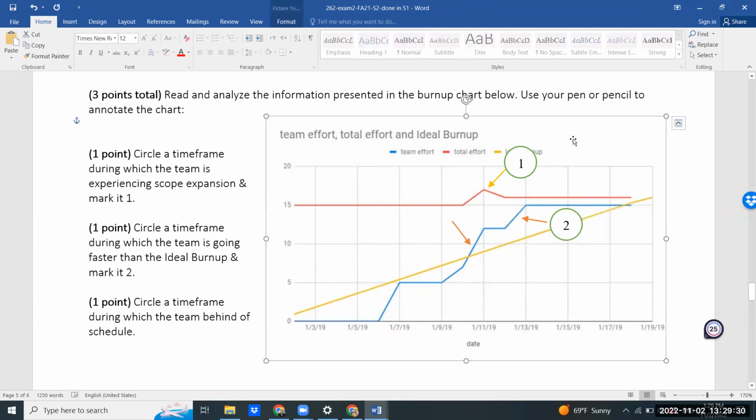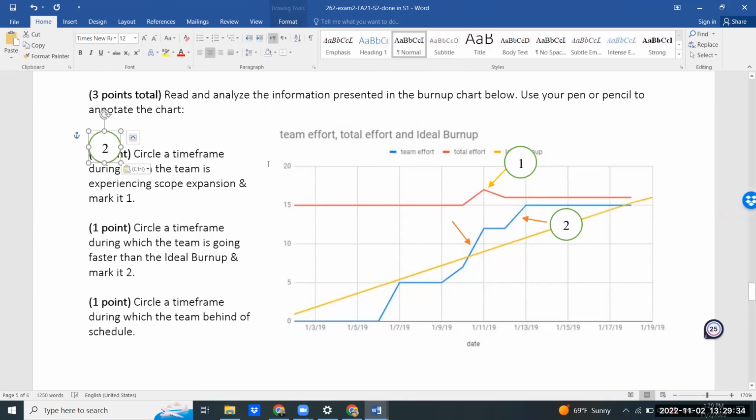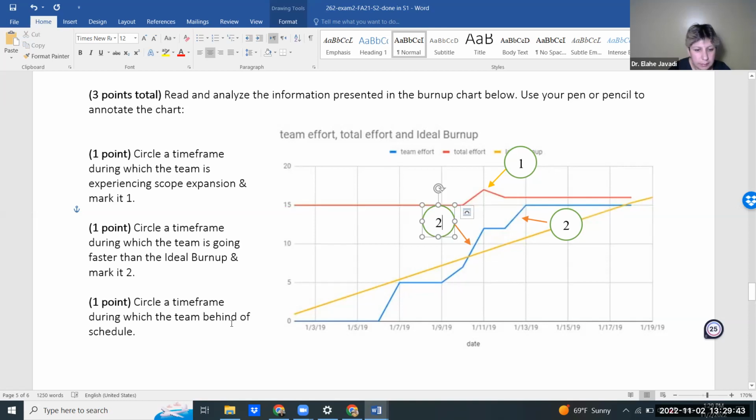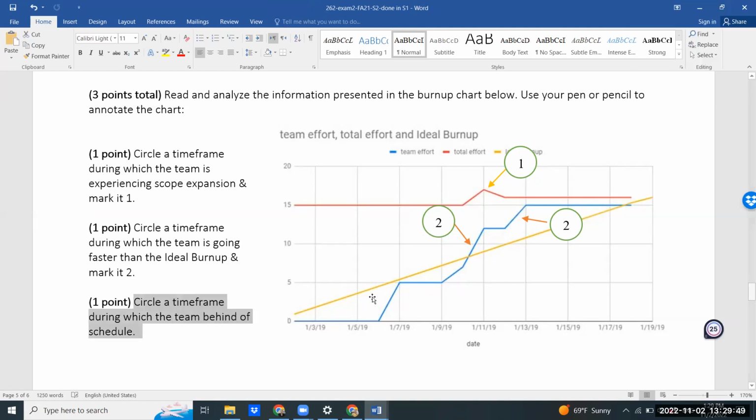For the faster than the ideal, would it be the first hump on the blue? Yeah, that one right there, the one you're currently moving. So this is 2. So here is circle a time frame. I'm asking this question. Yes, you're on this question. Oh, I thought it was the second one. Sorry. Yeah, if you were asking the second question, that's correct.